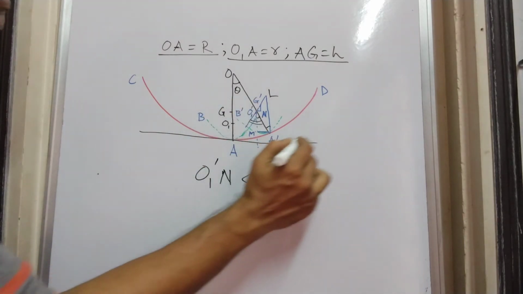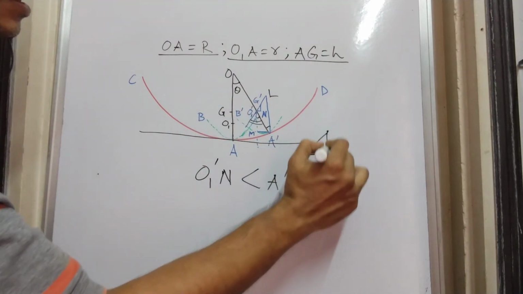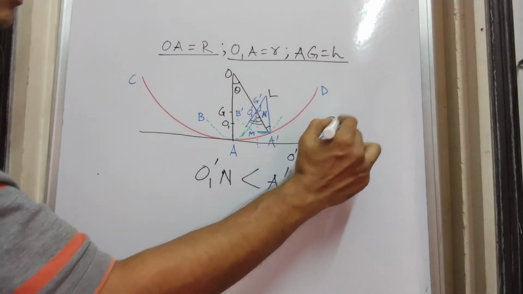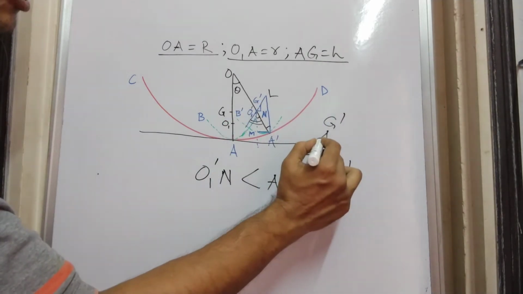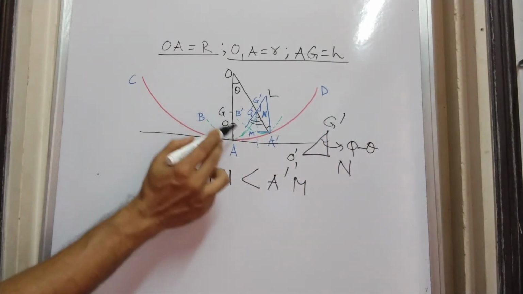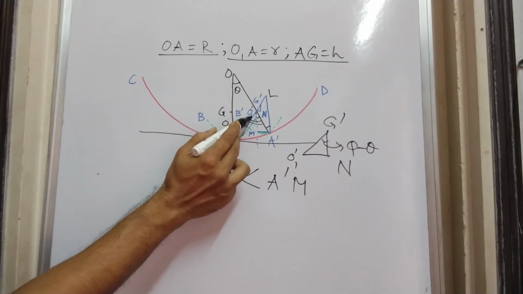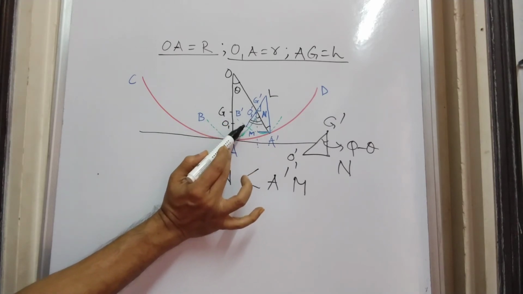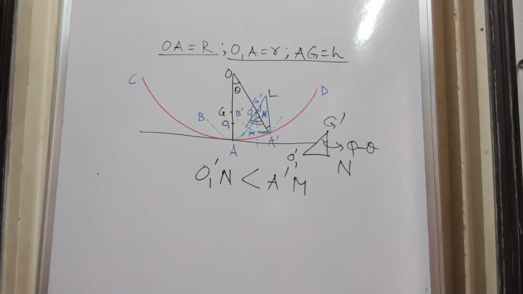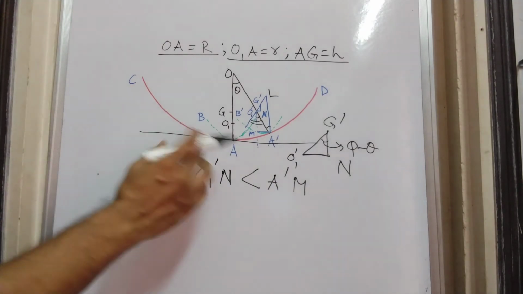I am drawing this triangle here again, O1 prime G prime N, and we know that this angle is phi minus theta. Since this is theta and the whole angle O1 prime G prime A prime is phi, and that is a measurement through which the smaller body rotates.